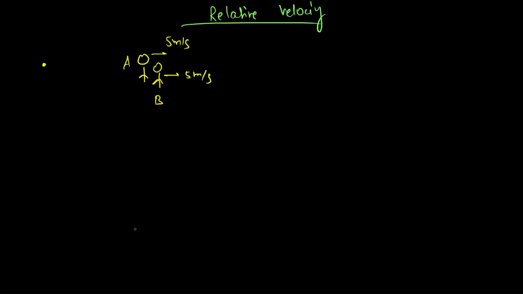So, what is the formula? This is how we write it. Relative velocity of A with respect to B is the ground velocity of A minus the ground velocity of B.